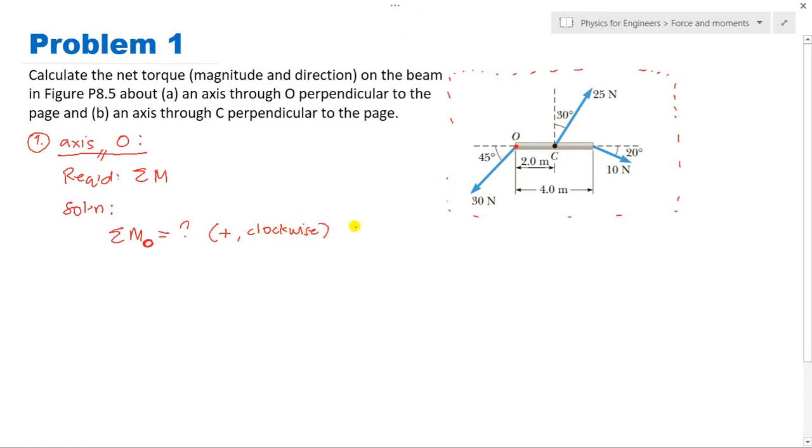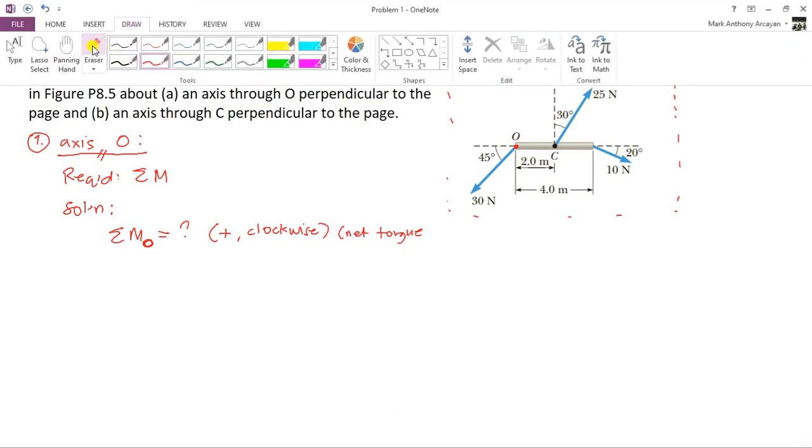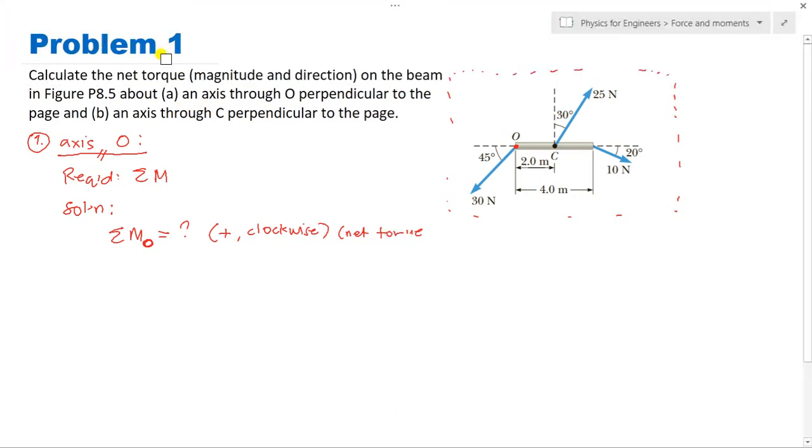This is what we call the net torque, and the value that comes out will be our answer.